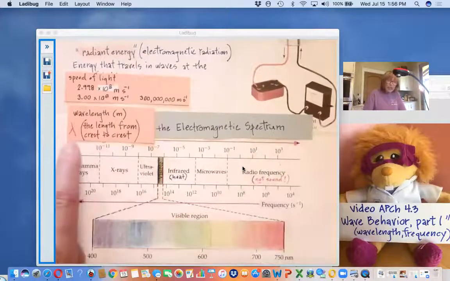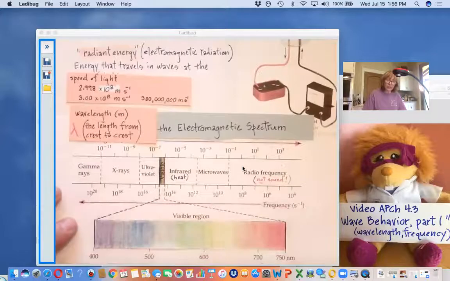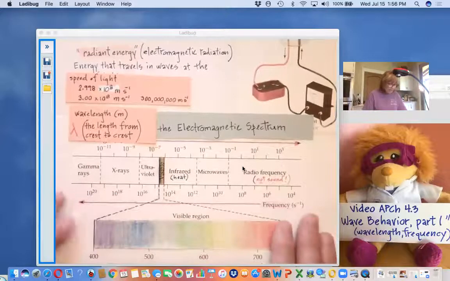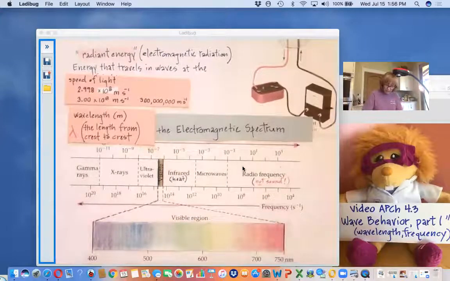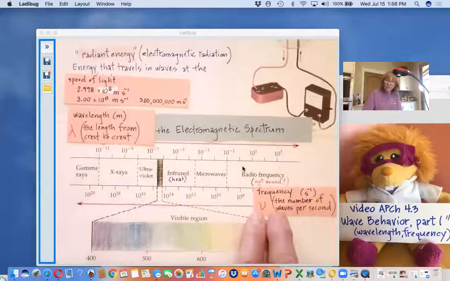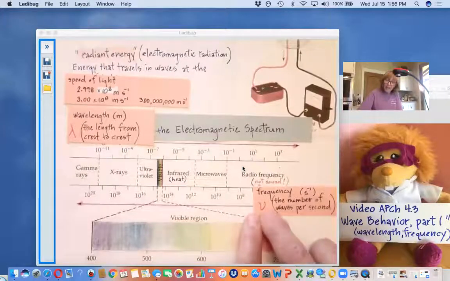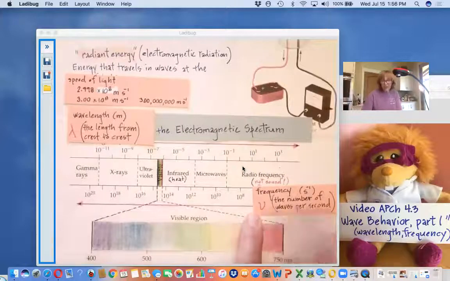This Greek letter lambda is the symbol that we use for wavelength when we use it in equations. Another characteristic of waves is that they have a frequency. Frequency being defined as the number of waves per second. The unit is per second, and the symbol that we use is the Greek letter nu, which looks like a fancy V.